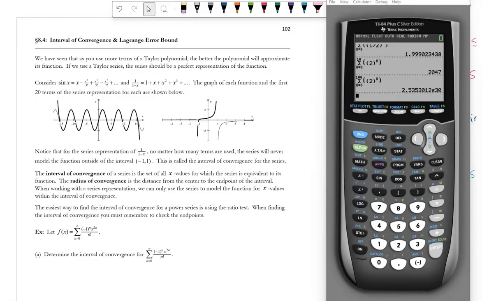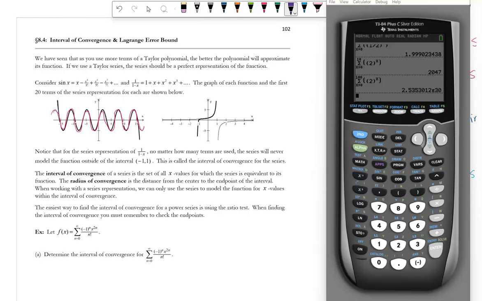So on page 102, notice that in this first graphic representation we have graphed the sine of x. And we know the sine of x is going to oscillate between -1 and 1. So that lighter graph is the sine of x. But laying on top of it, we have the first 20 terms of its series representation.